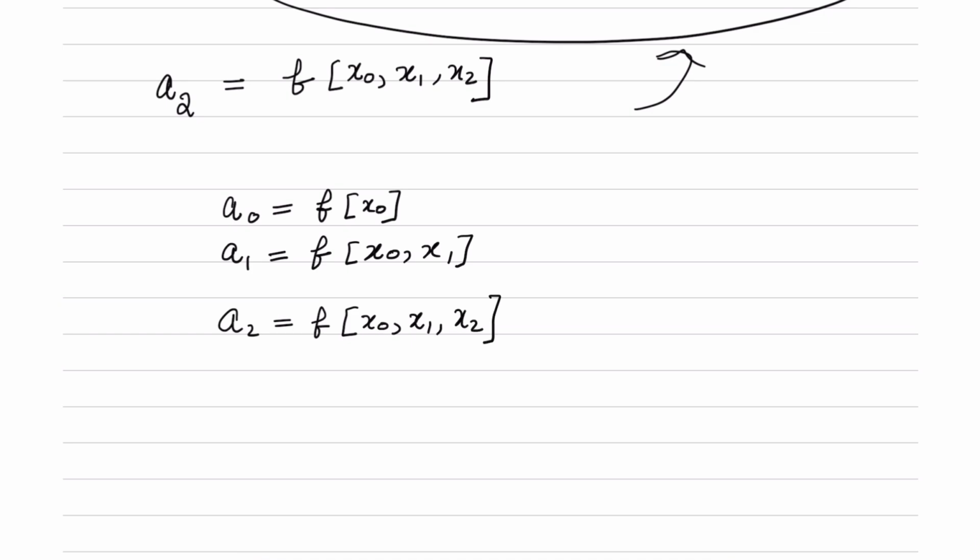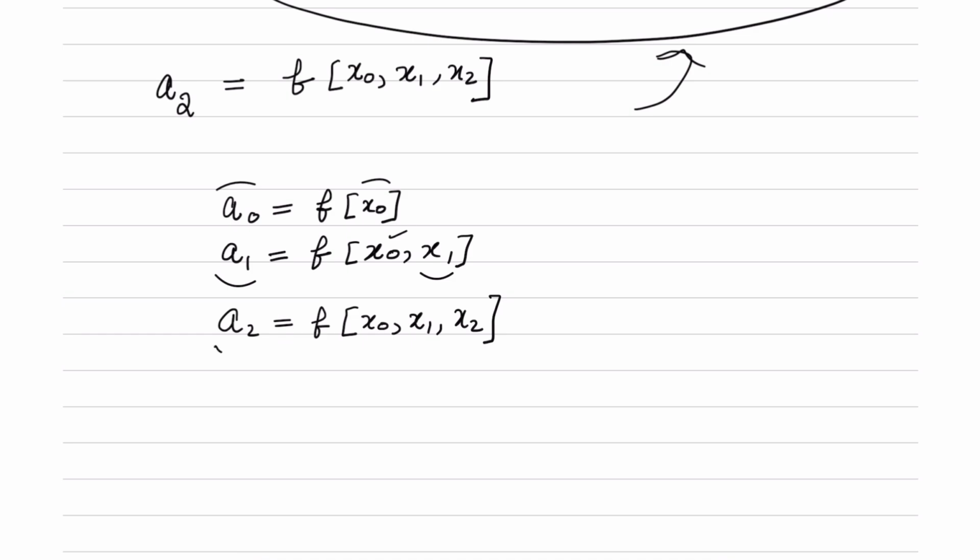Look at the pattern: when here it is a naught, on the right hand side you stop at x0. When here is a1, on the right hand side you stop at x1 and all x's behind x1, but there is only one x behind x1, which is x0, so you put x0 here.